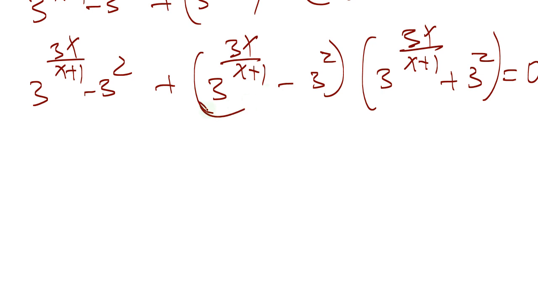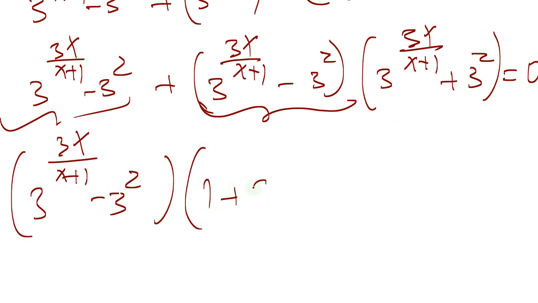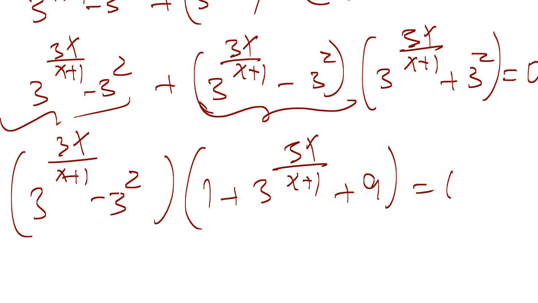So now this one and this one are the same. We can factor out. So we're going to have 3 to the 3x over x plus 1 minus 3 squared. This will multiply 1 plus this one here, 3 to the 3x over x plus 1 plus 9, and then this is 0.